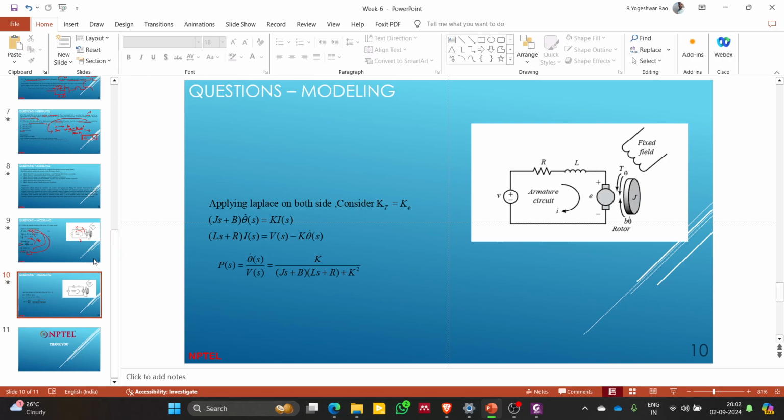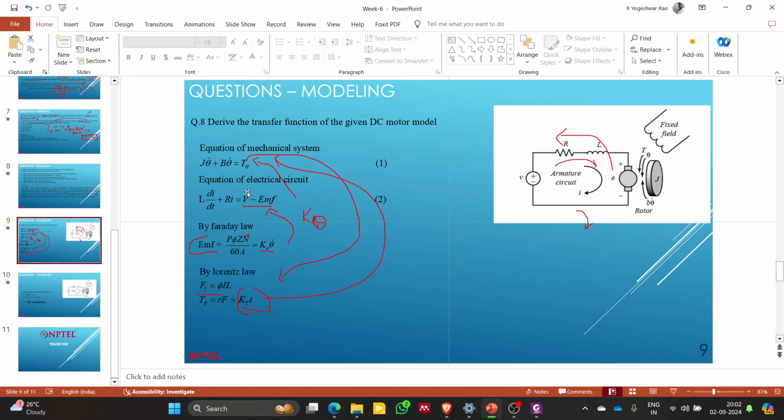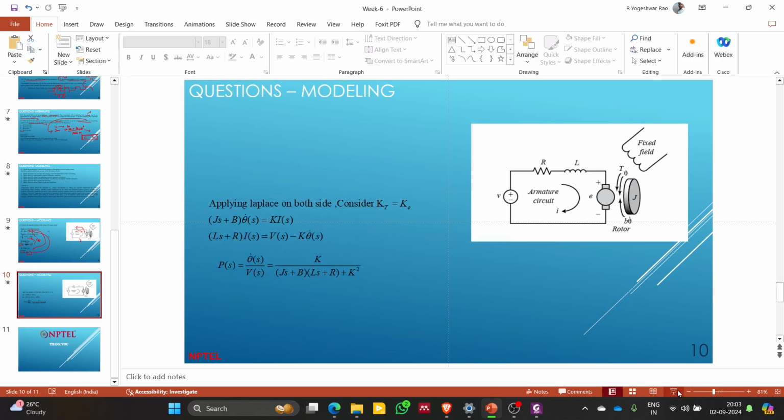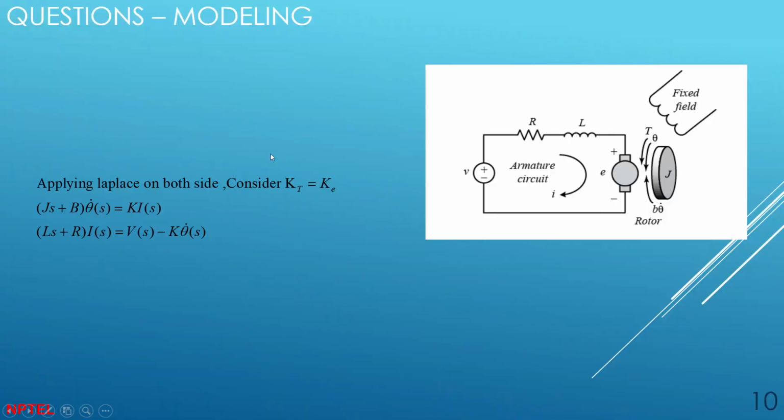Applying Laplace, I haven't told you yet. So I is here, and theta dot will be equated using this term, so you will be left with I and theta dot. This is what the final equation will look like, and when you apply Laplace on both sides, this is what you will get, and you just replace it.